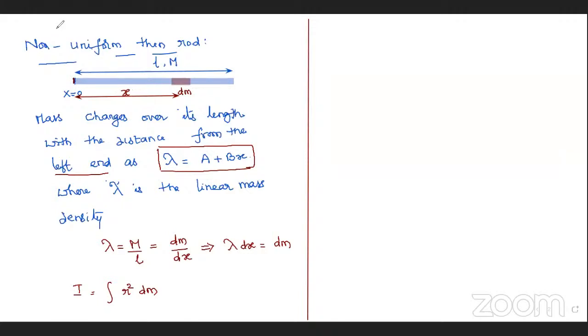Then immediately I think someone will ask one doubt. Why did you measure the distance from the left end, sir? Where did you fix the axis of rotation? Because here r is the distance from the axis of rotation. Going back, I am saying this is the axis of rotation.